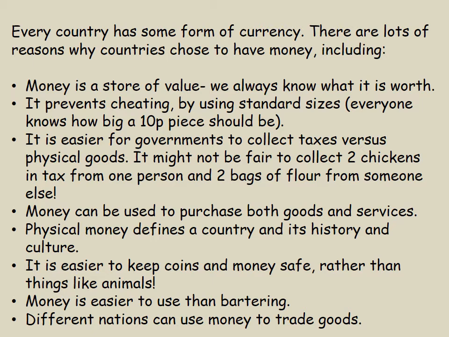Remember we talked about what is shown on the money and how that reflects the country. Money is easier to keep safe, because it's easier to keep some coins and cash in your pocket rather than keeping a chicken in your backyard or on your balcony. And money is easier to use than bartering. Different nations can use money to trade goods.